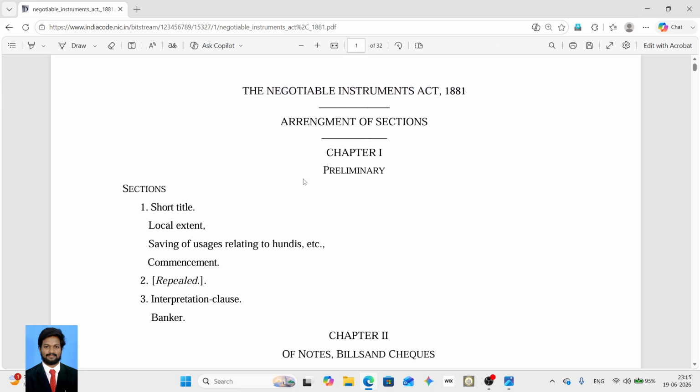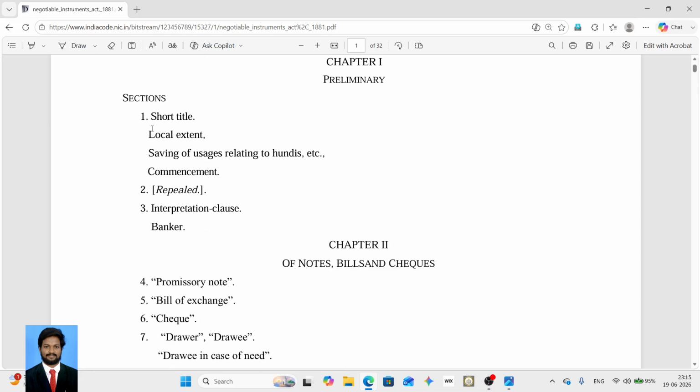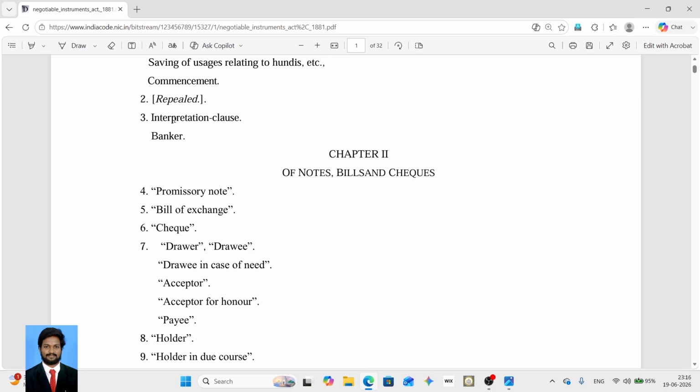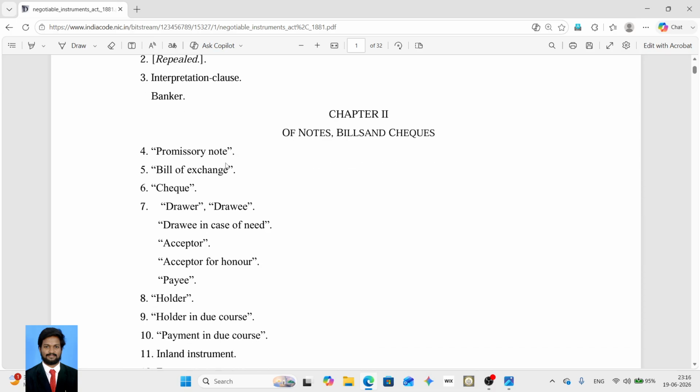Here, let us go through the index very quickly. This is chapter 1, preliminary. Section 1 says about short title, local extent, saving of usages relating to hundis, etc., commencement. Section 2 got repealed, and section 3 is the interpretation clause, where we get the definition of banker.